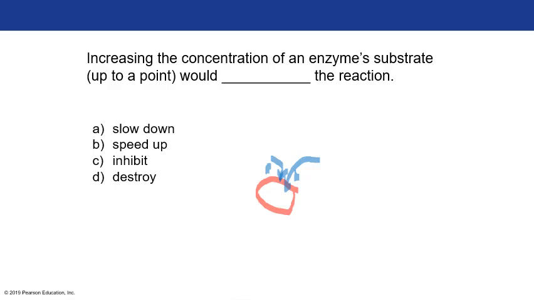If you make a lot of substrates available, what is going to happen to your reaction? Is it going to slow down, speed up, inhibit, or destroy? Forget about those two. So it's really between slowing down and speeding up. All right, Ray, let's start the timer.